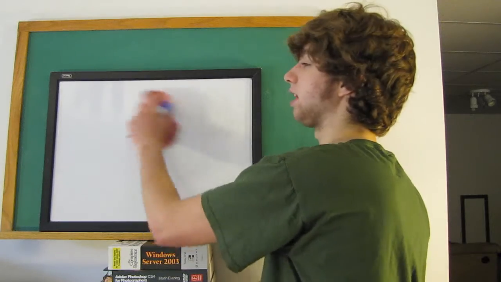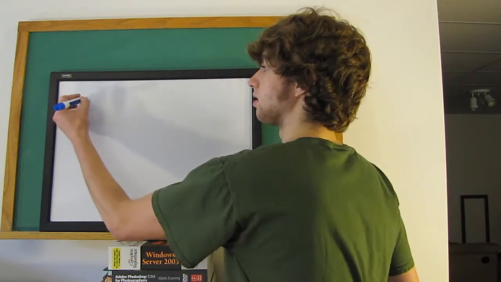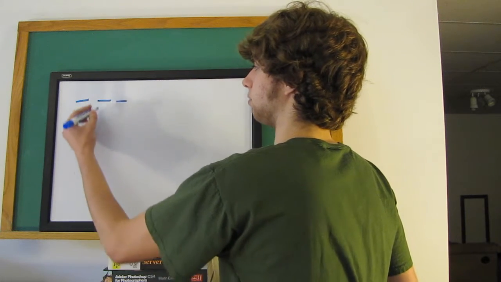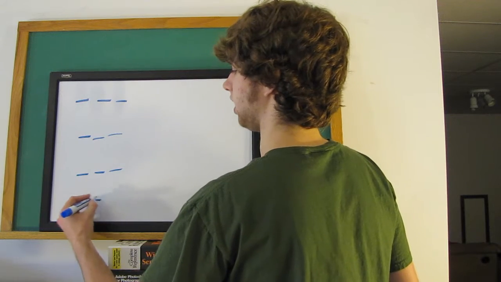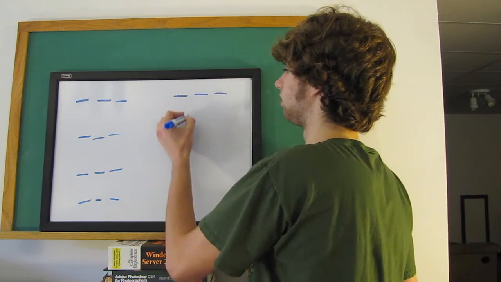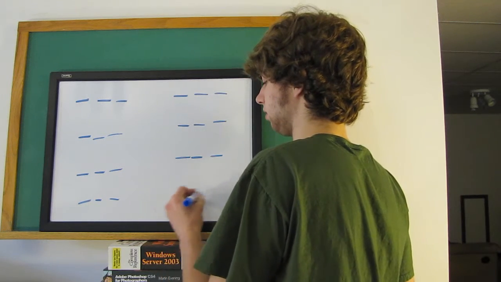So let's say we have a 3-bit word length. That means we have 3 bits in the number system, and we're going to represent every single possible value we can make with 3 bits. If you watch my introduction to binary video, this may look familiar to you.